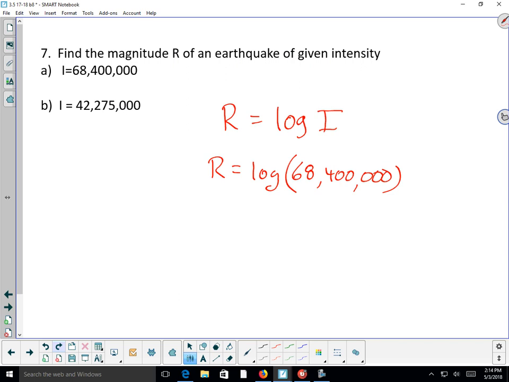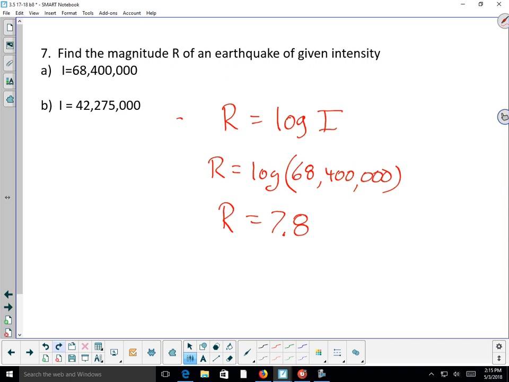And on your calculator, Alex, what is it? Are we using base 10 for this? All right, let's round to the nearest tenth. So 7.8, is that right? 7.8 on the Richter scale?